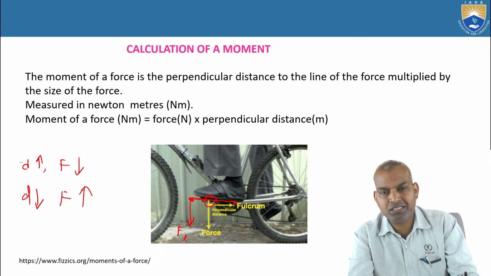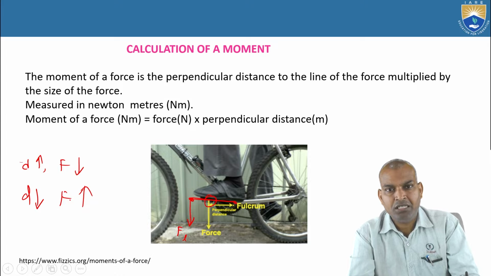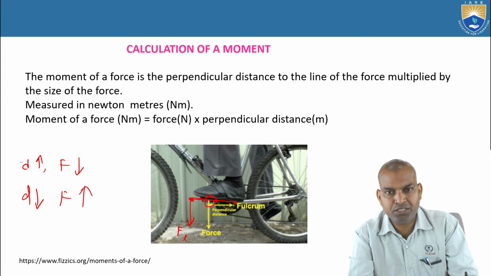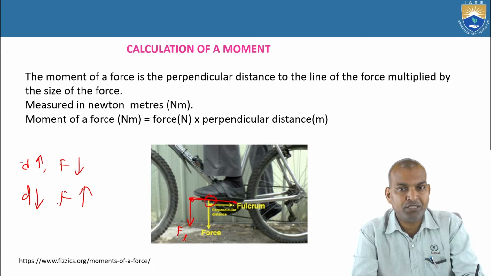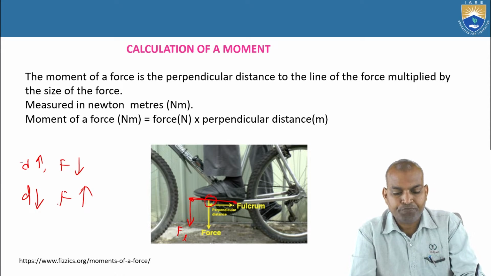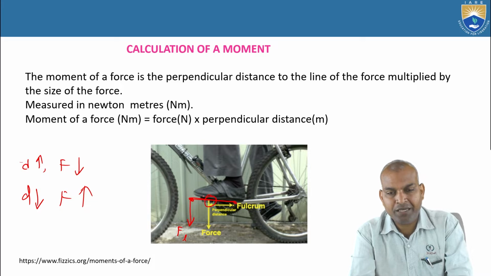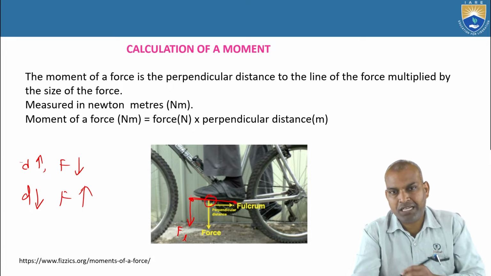It is required to design the length of the pedal of the cycle in such a way that it is optimum, so that the F required is minimum. If the length of the pedal is increased, you need less force, less effort, less energy.